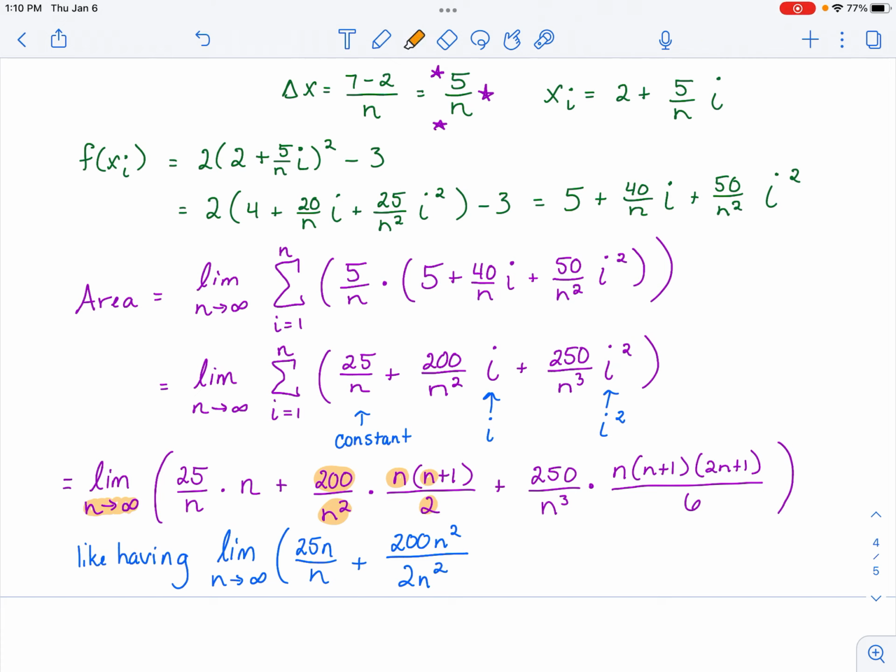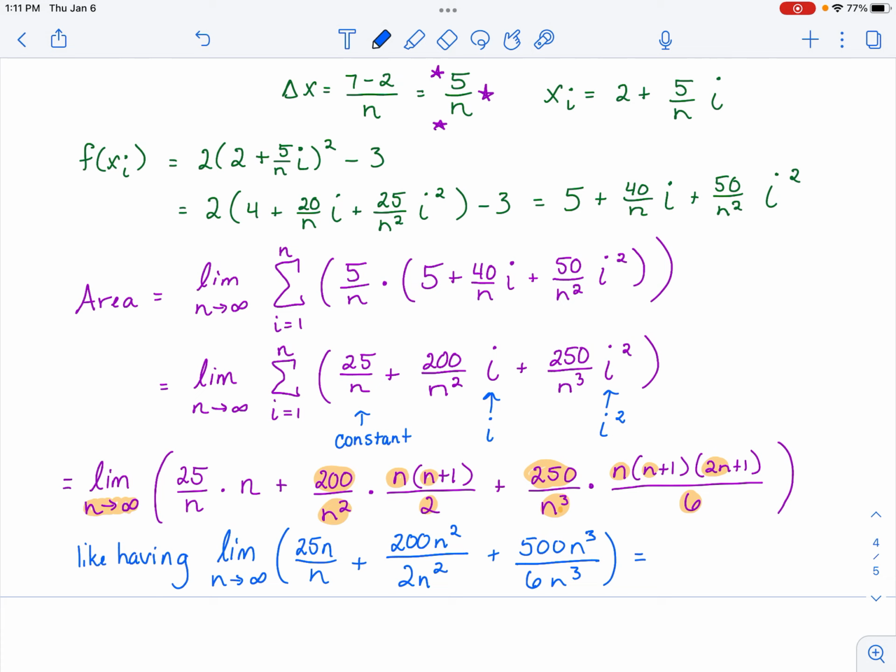And then over here on the right, I've got 250n times 2n. Those all get multiplied together. And in the bottom, I just have the n cubed times 6. So the numerator is going to become 500n cubed over 6n cubed. All right, and now in this situation, we have that all of the exponents in each individual rational term are equal to each other. So the limit will just be the coefficients.